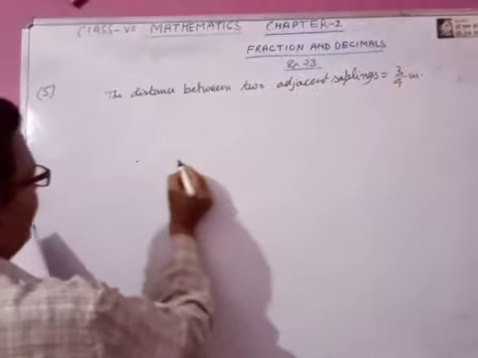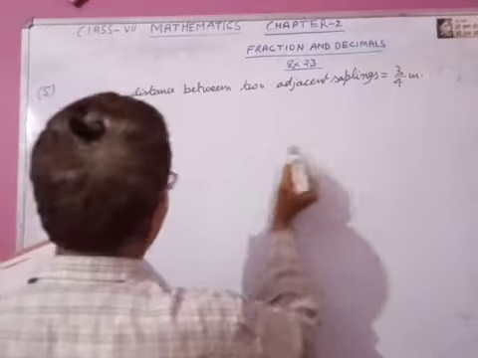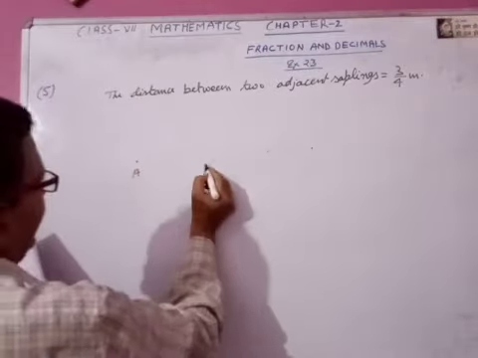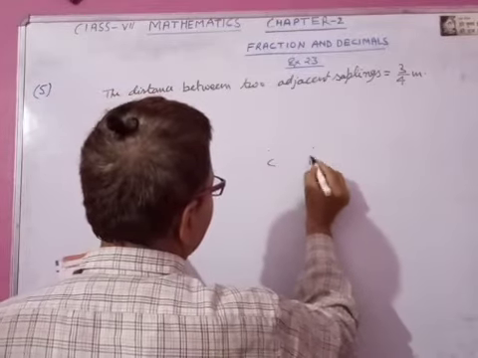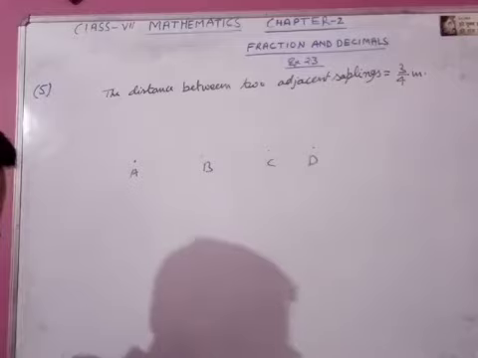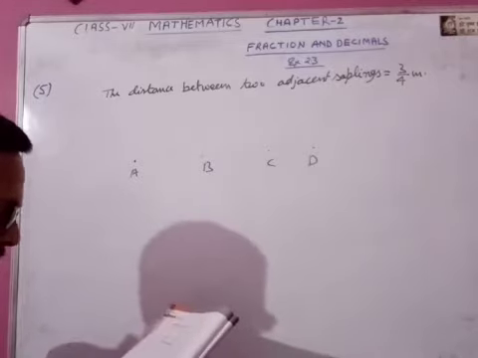There are 4 saplings. 1, 2, 3, 4 saplings. Suppose A, B, C, D. These are 4 saplings. You have to find the distance between first and last sapling.